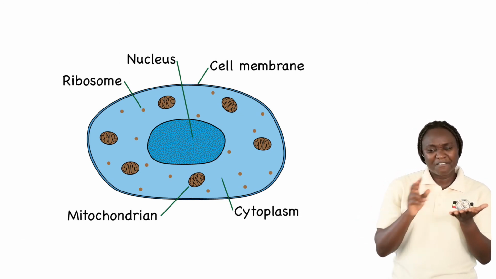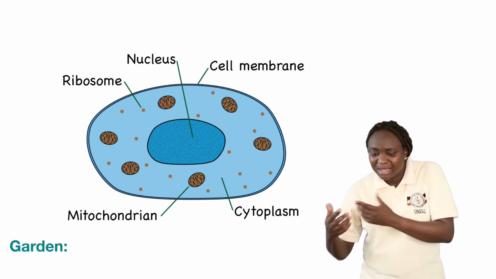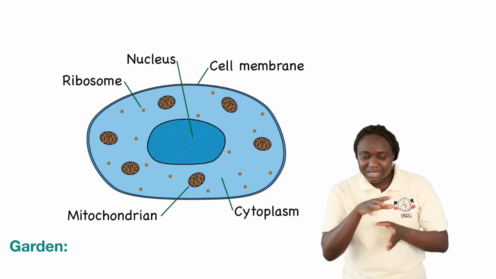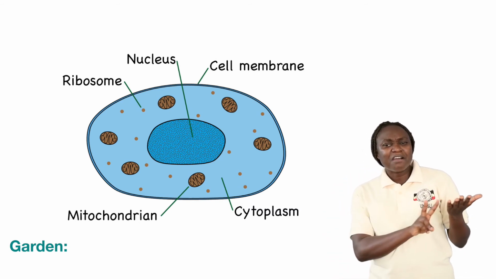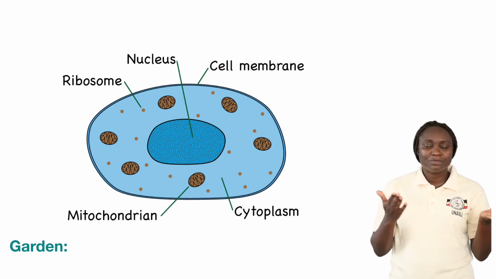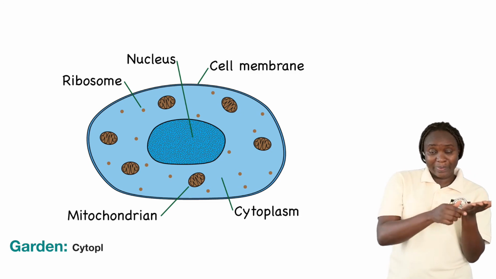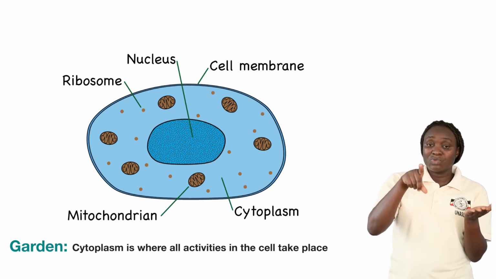How about the garden and the animals in the garden? Which part of the animal cell do you think is represented by those? Correct. It is the cytoplasm. And so, what do we think is the function of the cytoplasm?